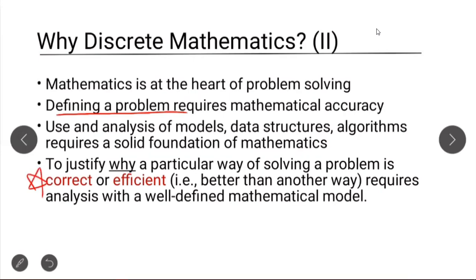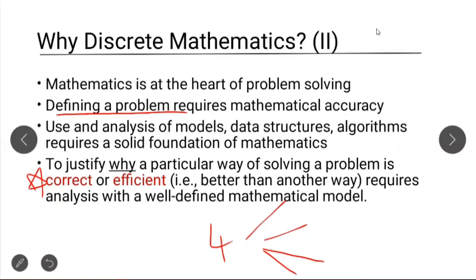Suppose there are 4 engineers working and all 4 of them give 4 different solutions. Now, you have to say why your solution is efficient or better. You have to justify that. For that, we require discrete mathematics. We require a mathematical model which will give logical reasoning to why your solution is efficient.